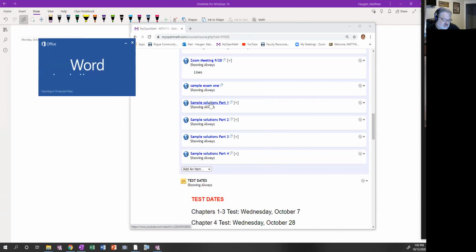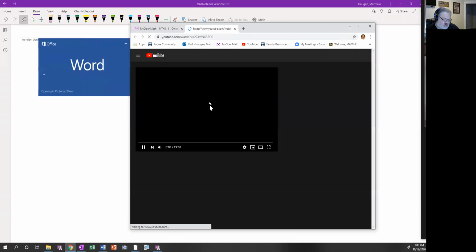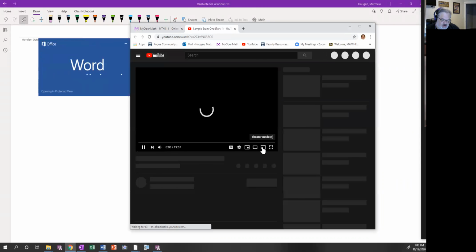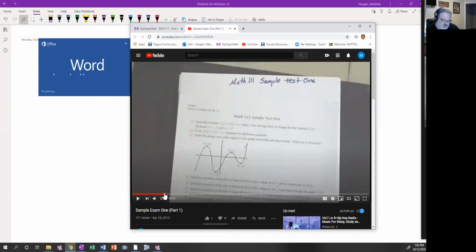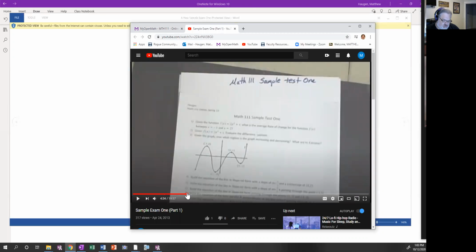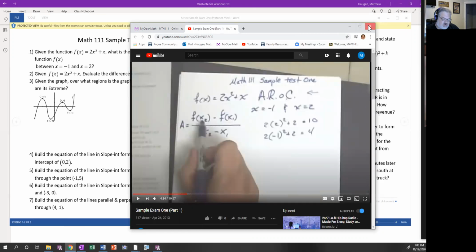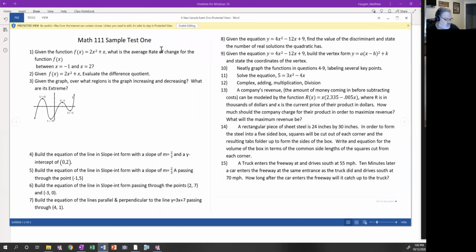And then the solutions are videos of us going through those problems. So it's got some average rate of change, some difference quotient, some building the equation of the lines, a couple of nice word problems.